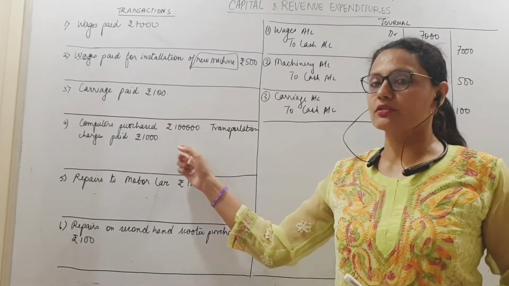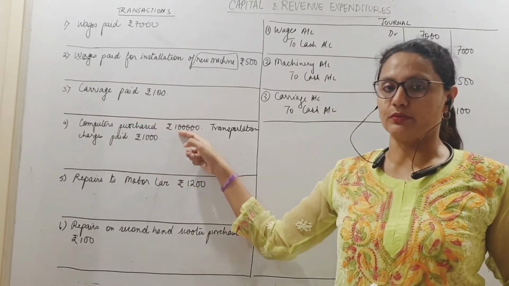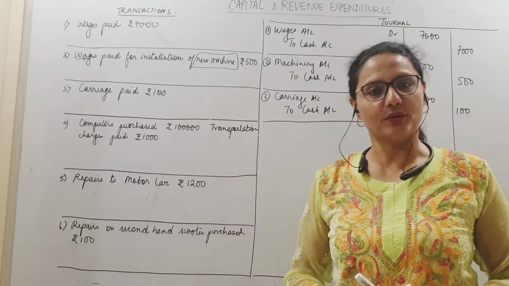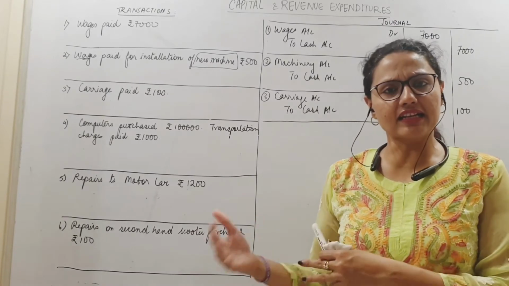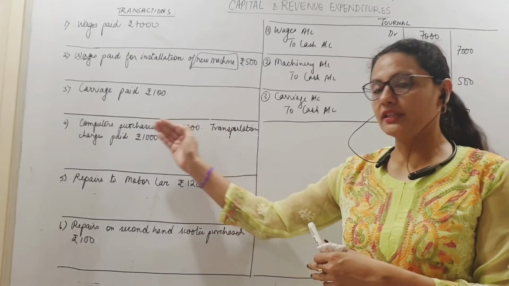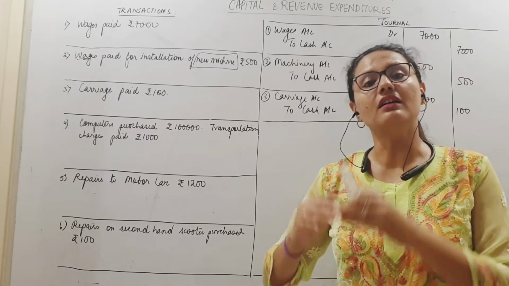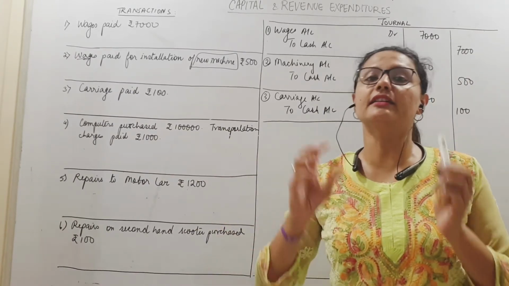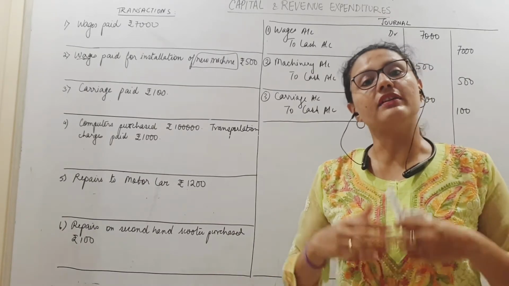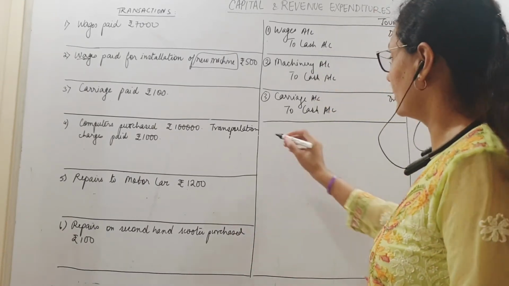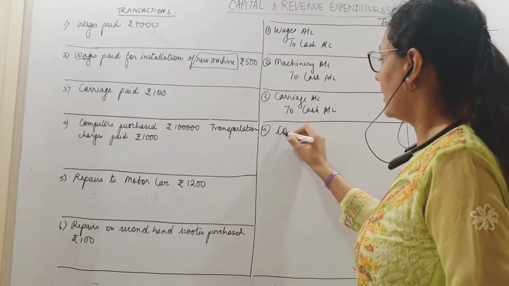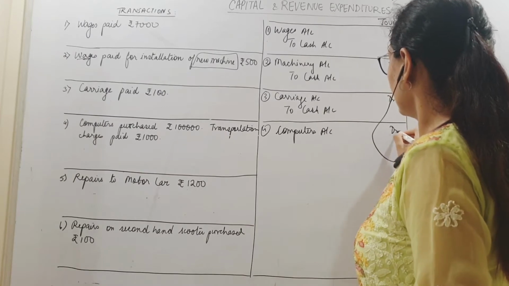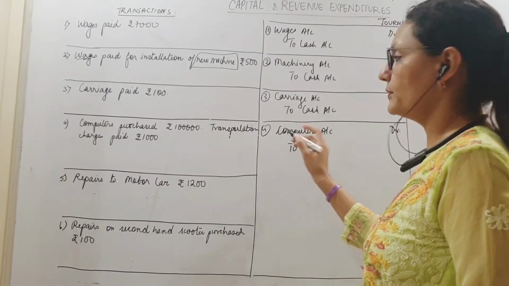So this should also be added to the cost of the computers and not debited to transportation charges. Transportation charges are a recurring expenditure, but transportation on the computer is not. It's a one-time expenditure related to the computer, so I will debit it to the asset account. Again, I am debiting all costs related to the asset to the computer account itself.